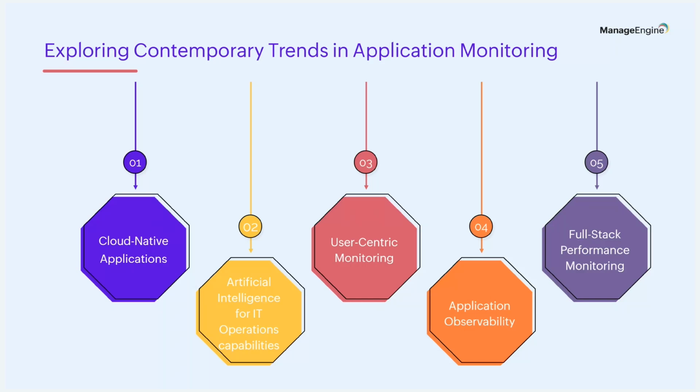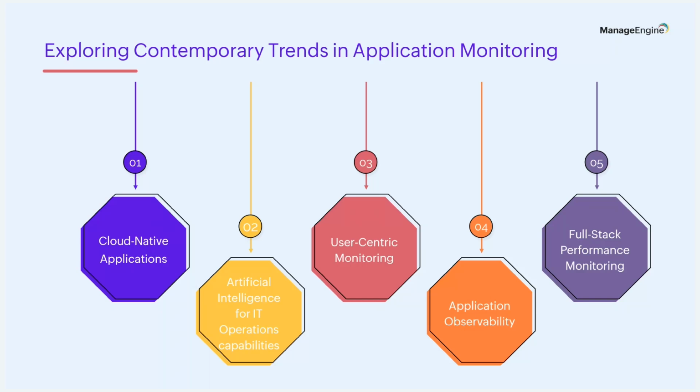It measures page load time, response time, and overall responsiveness to improve user satisfaction. The fourth trend is application observability. It provides deep insights into application performance and health by analyzing logs, traces, execution time, and transactions as well. This will help you to identify errors, bottlenecks, and inefficiencies in your application code.